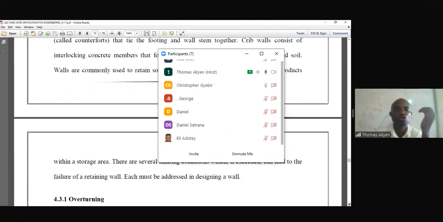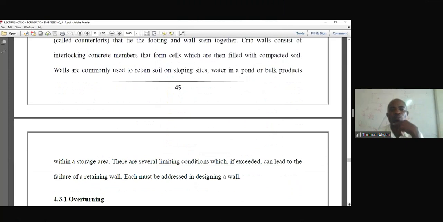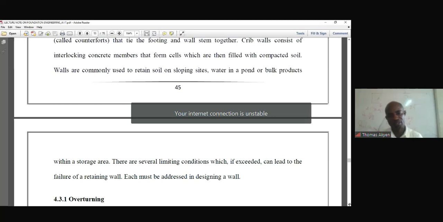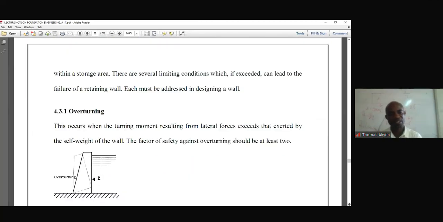Walls commonly used to retain soil and slope conditions, which if exceeded, result in overturning when the moment resulting from the lateral forces exceeds that exerted by the self-weight of the wall.